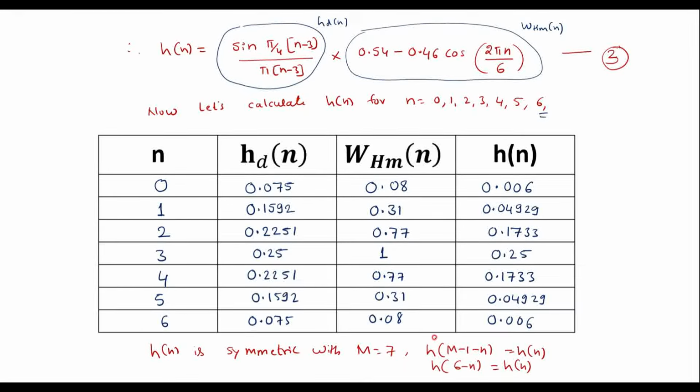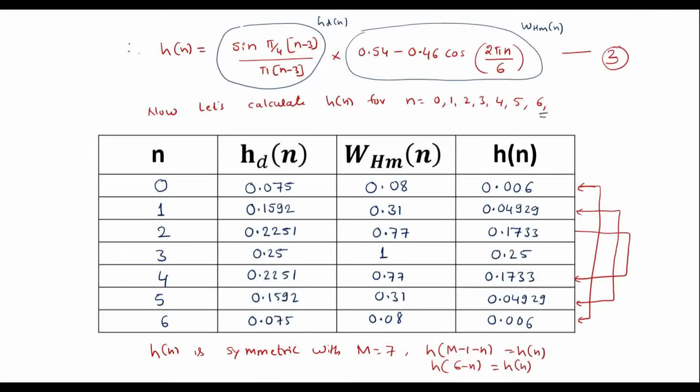Here we can verify the result. If we take n equal to 0, h of 6 is equal to h of 0, so h of 6 and h of 0 are the same. Similarly, if we take n equal to 1, h of 5 is equal to h of 1. Similarly, h of 2 and h of 4 are the same. And this value is for n equal to 3.